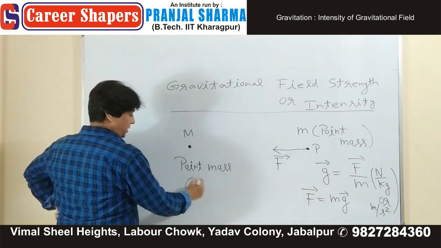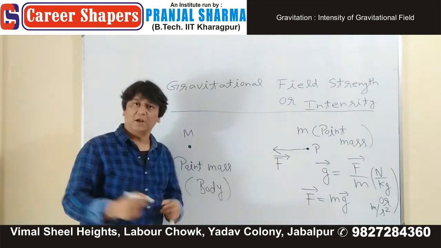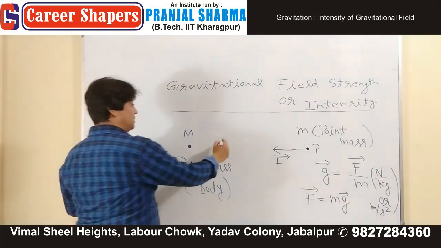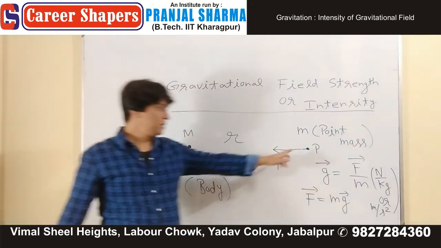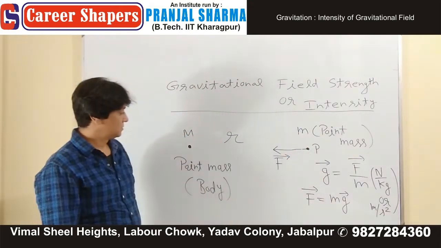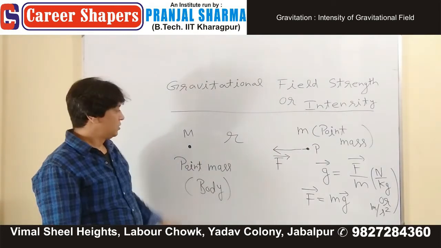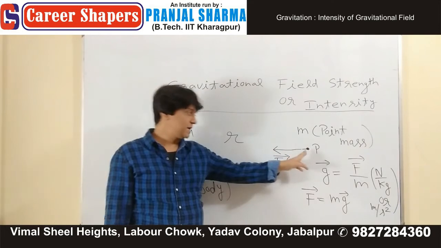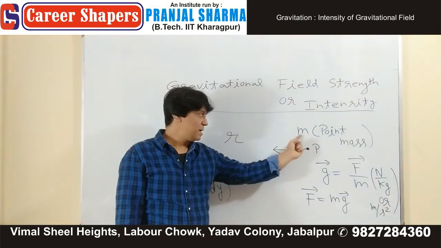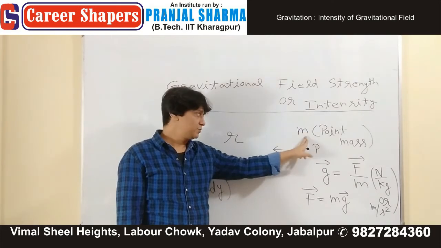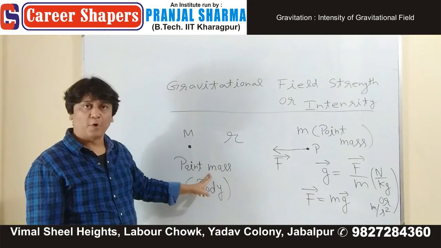This is the body whose gravitational intensity is required at a distance of r from it at this point P. So to find gravitational intensity at this point, you will bring a point mass m. This is point mass M. This is another point mass.